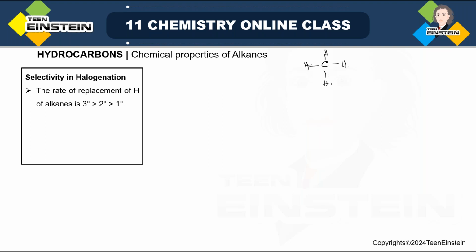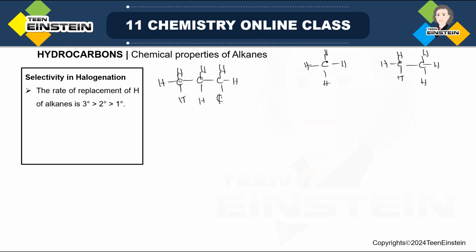Now in ethane also, all the carbon hydrogens are basically equivalent. But if you consider propane, now all the hydrogens are not equivalent. There is two types of hydrogen, right?